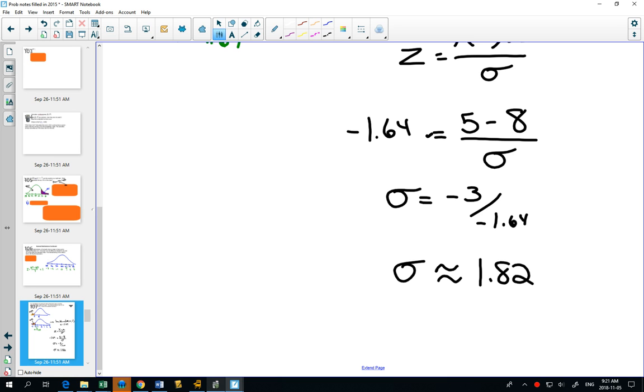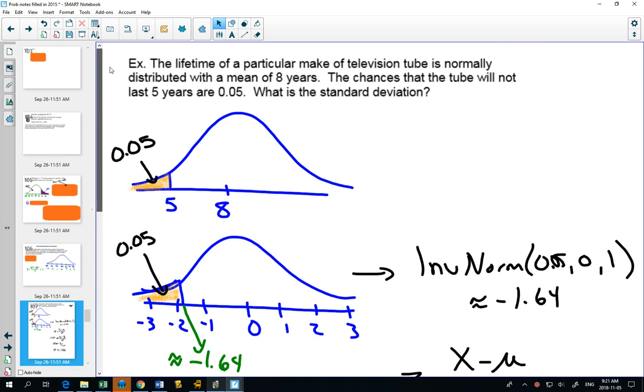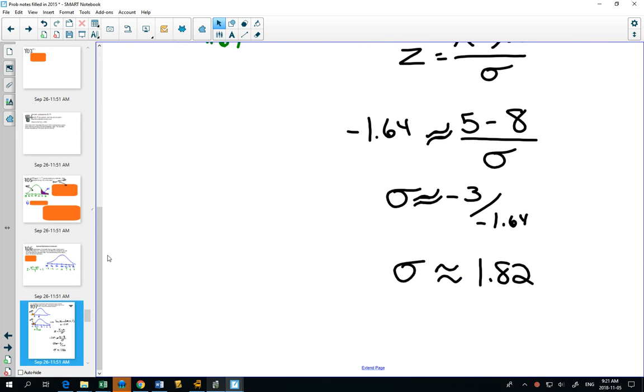I guess I should use approximation signs here and here as well, because I was using that rounded 1.64 in those equations. In this case, the units were years.